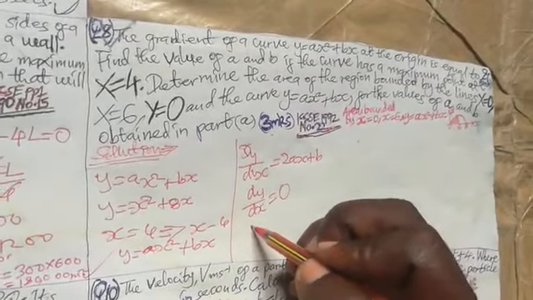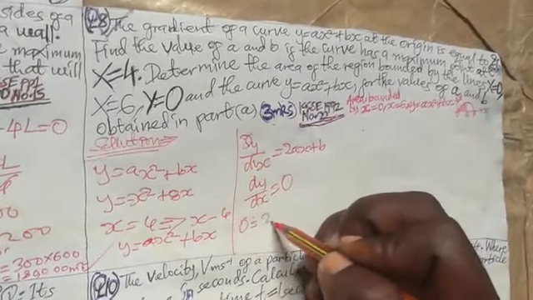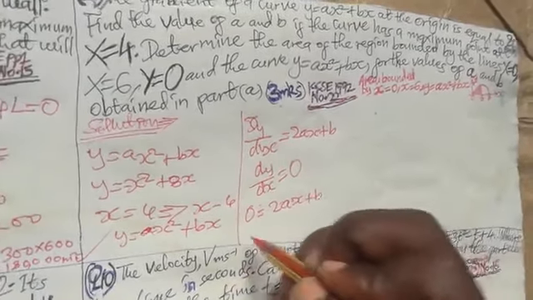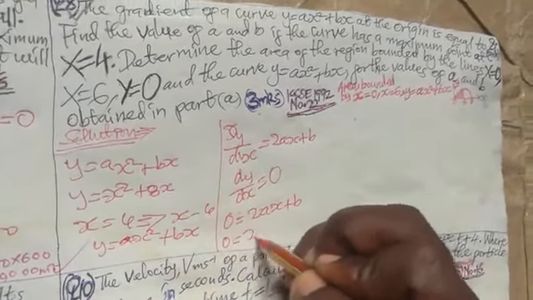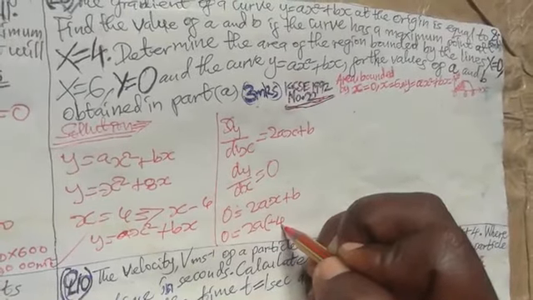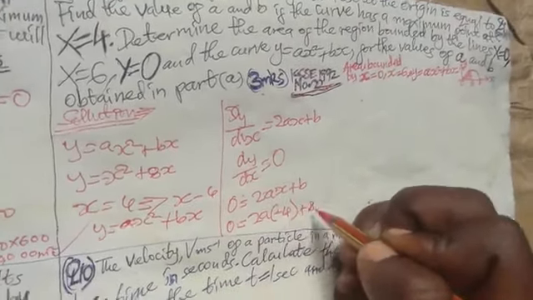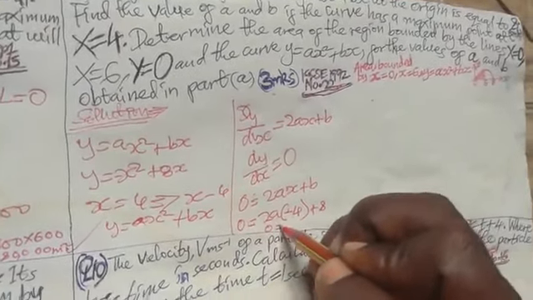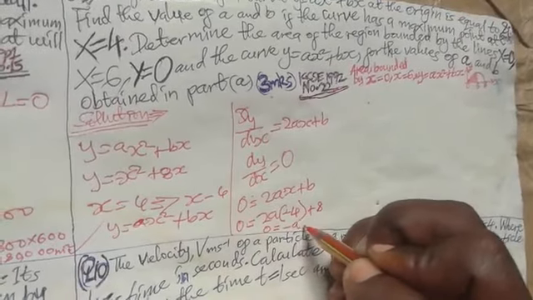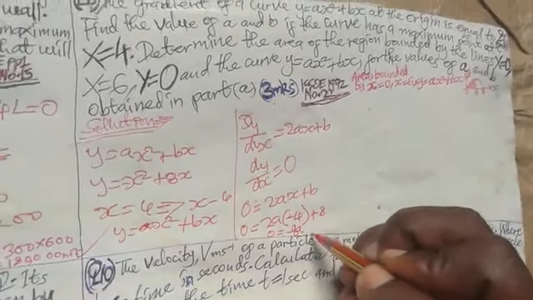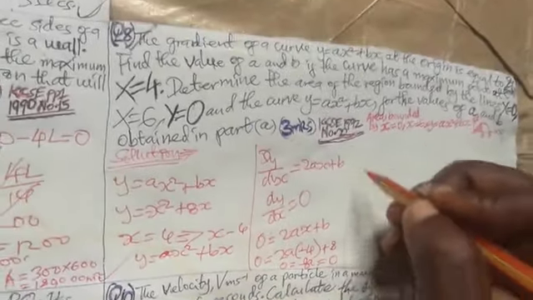Therefore, we say 0 is the same as 2ax plus b. 0 is the same as 2a into brackets negative 4, plus 8. 0 is the same as negative 8a plus 8. Negative 8a is equal to 8.